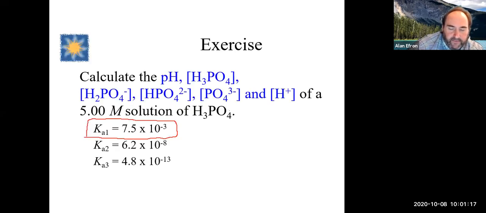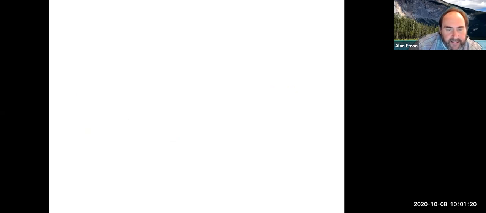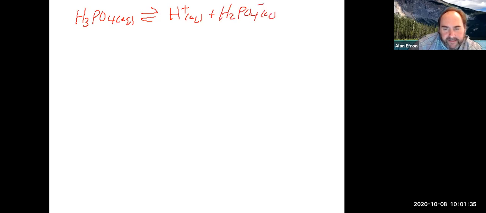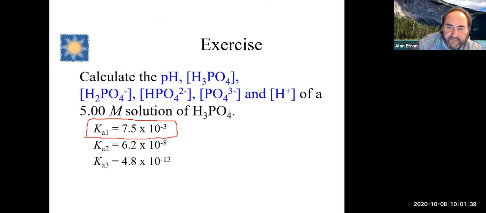All right, so it would be H3PO4 going to drop off again, just the one hydrogen. And again, this is going to be Ka1, which again holds 7.5 to the -3.